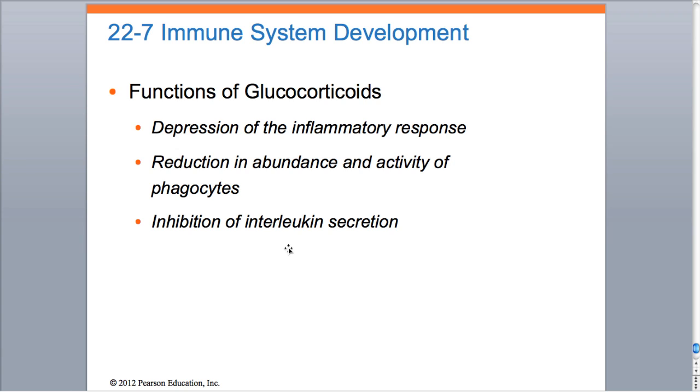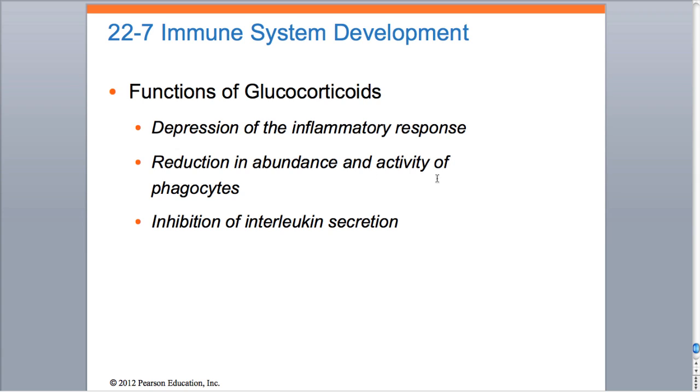It is a very strong connection. Now, look what it says here: depression of inflammatory responses, inhibition of interleukin secretion. So what do you think is going to happen to your immune system if you're in a high stress situation? It's going to drop.